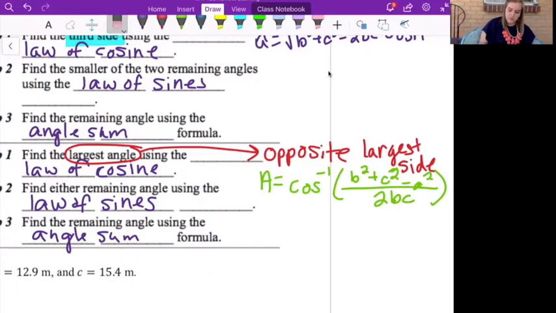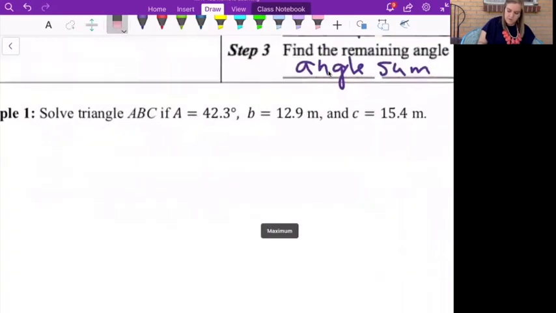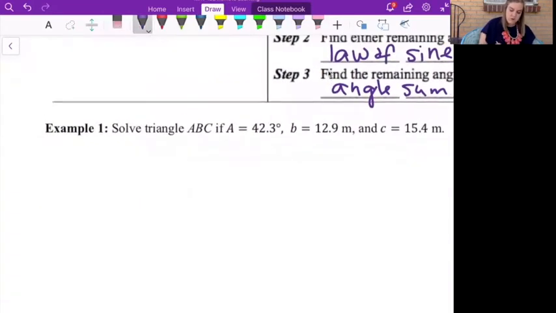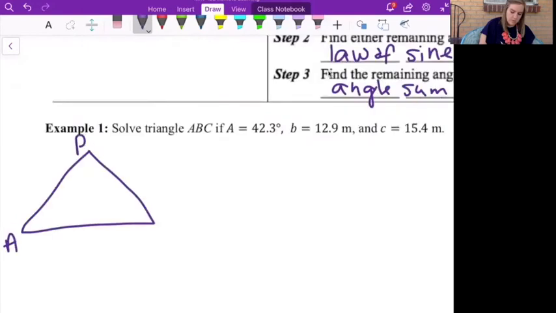Okay, so let's go ahead and go on to this example. Again, best thing to do is draw our triangle with what we know. So we have A, B, C. The angle A is 42.3 degrees.